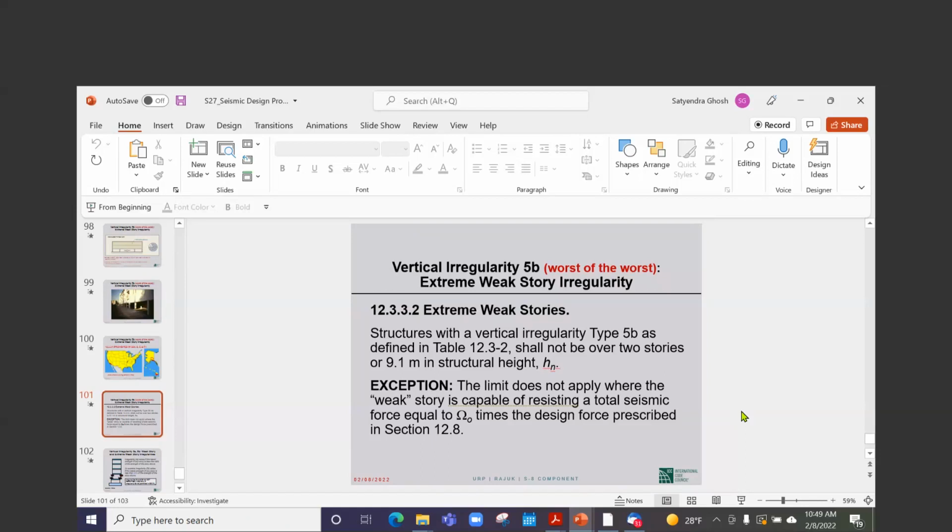No, the question was just the response modification factor for tubular. The response modification factor will be, that is a good question. I would tend to take something like the, let me think for a second.